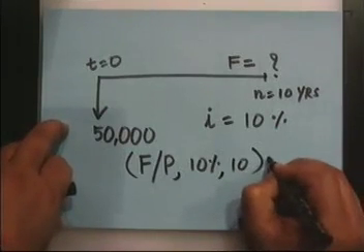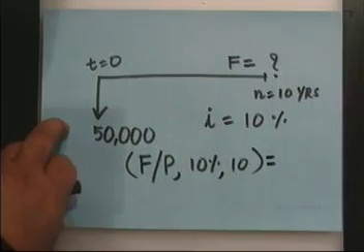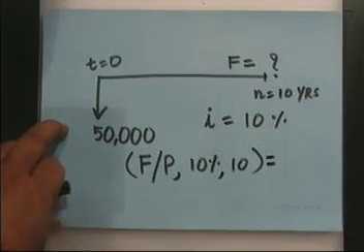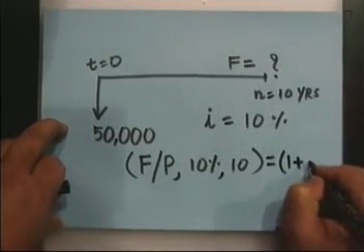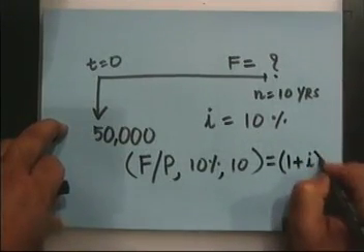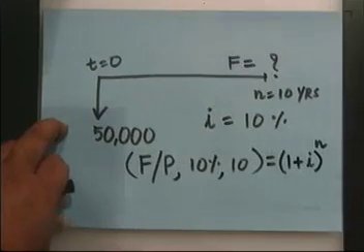What is the formula that is given to you? It is (1 + i) raised to power n. This is the formula for finding the interest factor.